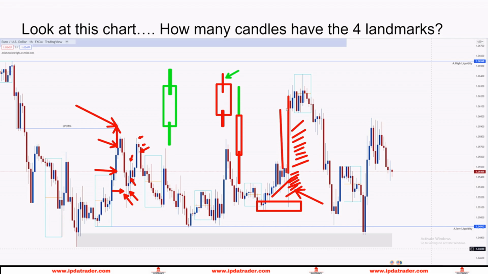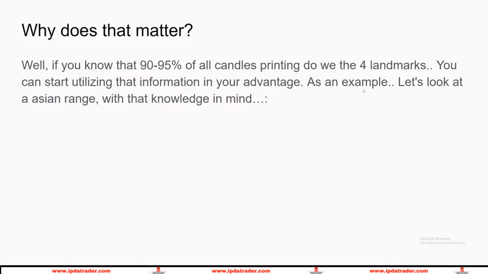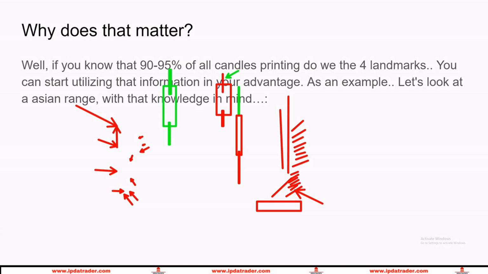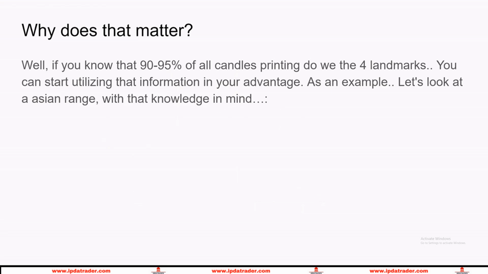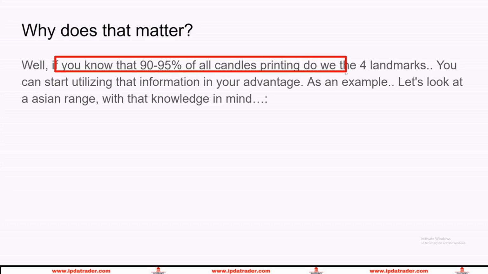This is a very important piece to your trading, guys. You have to be looking at candlestick formation, okay? And we're going to be continuing over here. Why does that matter? I think we went over this, but we can talk about this once again. If you know that 90 to 95% of candles printing have wicks on both sides, right?